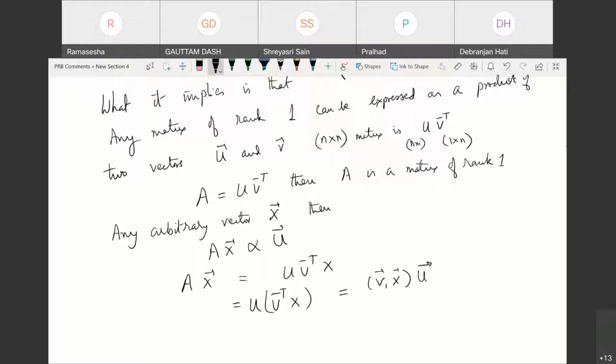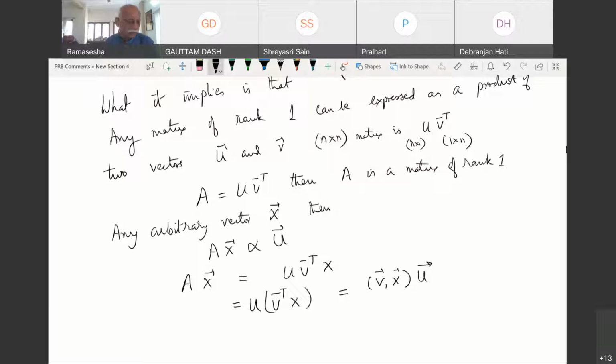So no matter what x you take, it's always proportional to u. Which means A is of rank 1, because if it has to be proportional to u, then all the rows of A must be proportional to each other, so that you have a proportionality constant that comes out this way.